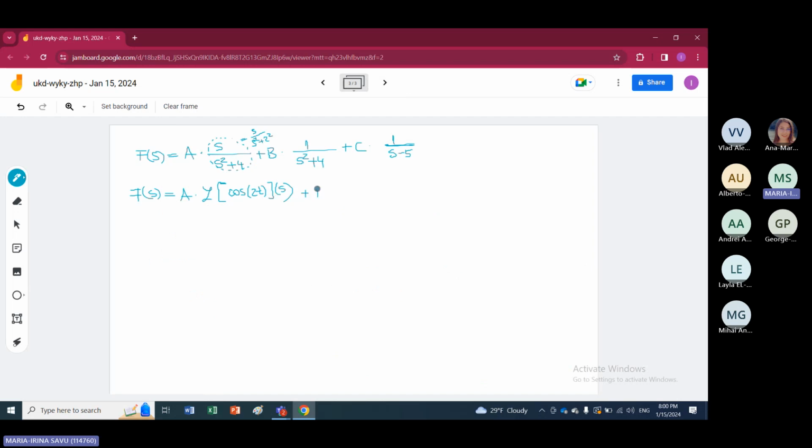Then you have plus b times, this is Laplace of what function? Well, we have seen that Laplace of sine of at is a over s squared plus a squared.